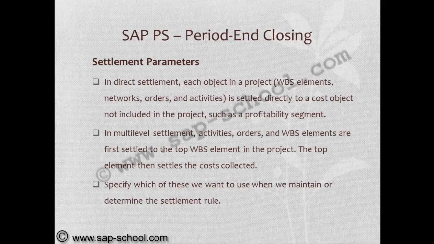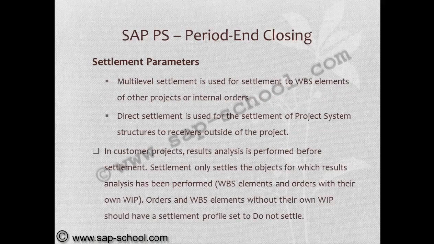Specify which of these we want to use when we maintain or determine the settlement rule. Multi-level settlement is used for settlement to WBS elements of other projects or internal orders. Direct settlement is used for settlement of project system structures to receivers outside the project.